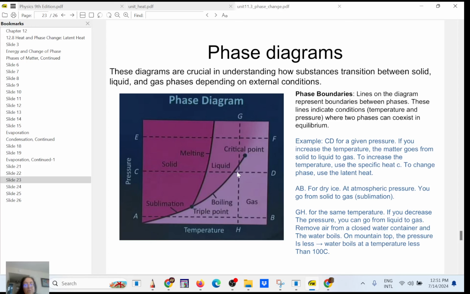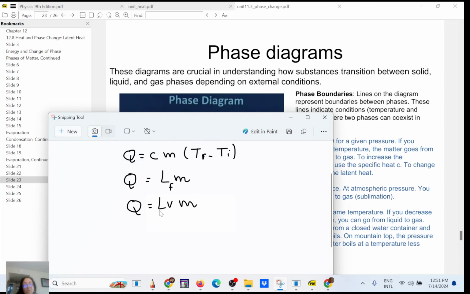So for example, for water, you will be water here and steam there. And again, the temperature cannot change until all the liquid turns into gas. So for water, for example, that will happen at 100 degrees Celsius. In that case, you will use that equation here with the latent heat of vaporization for a given mass.